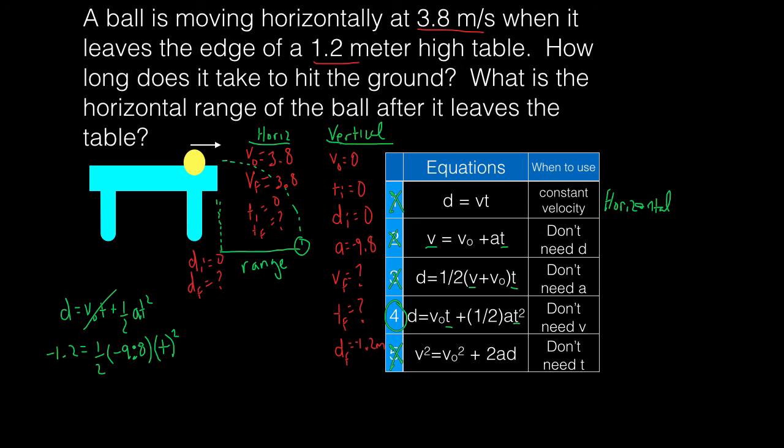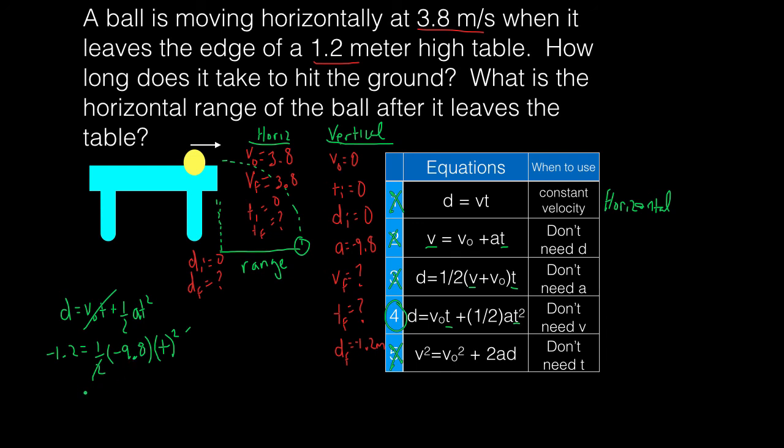So now we can solve this equation. What I would do first is multiply both sides by 2 to get this 2 to the other side and remove that 2. So negative 1.2 times 2. And then, so that gets rid of this 2, divide both sides by a negative 9.8. So divide that by a negative 9.8.